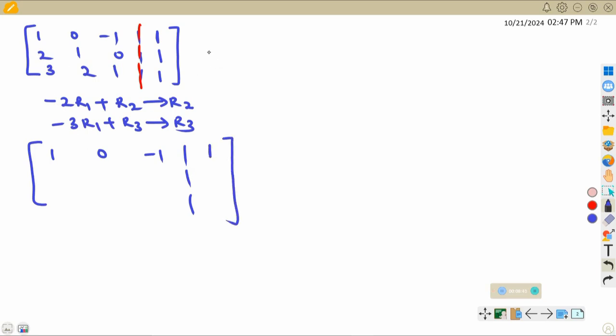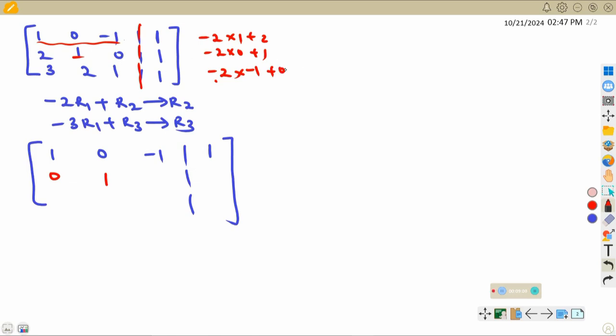Then we shall have negative 2. Let us multiply negative 2 in this one here. We shall get negative 2 times 1 plus 2. This will give us a 0. Negative 2 times 0 plus 1 will give us 1. Let us again get negative 2, we multiply it by negative 1, we add there.